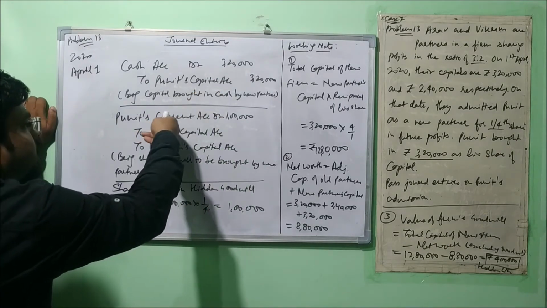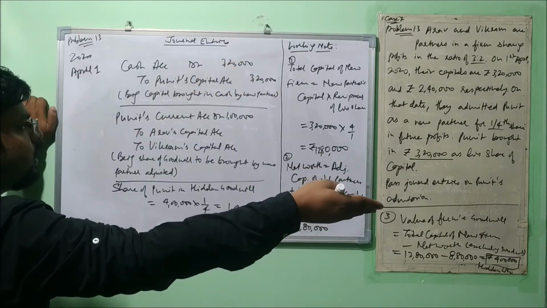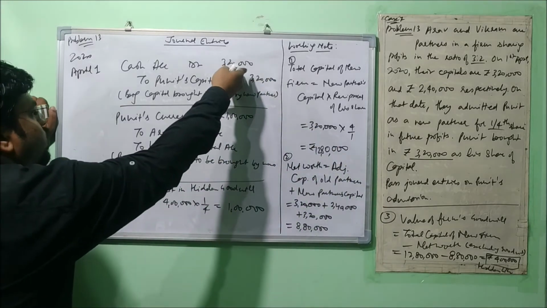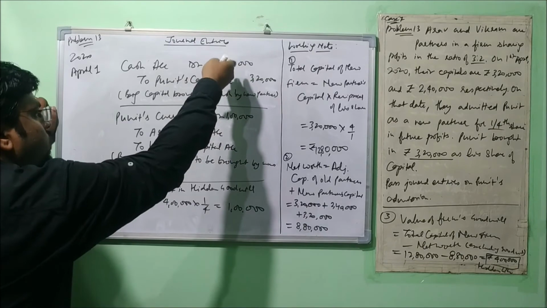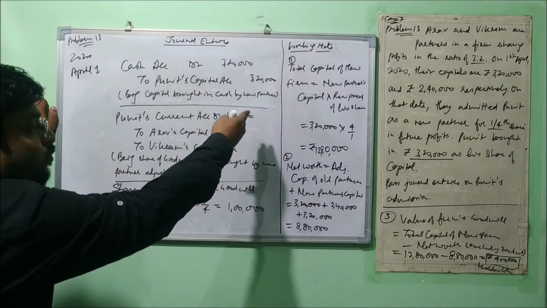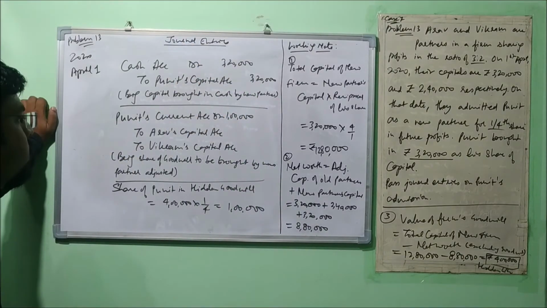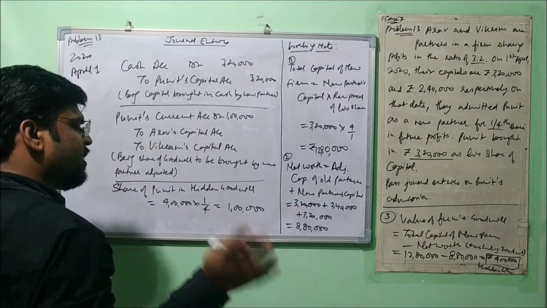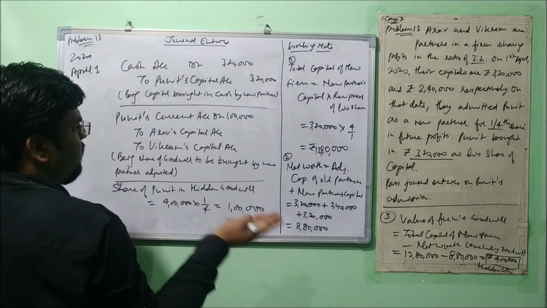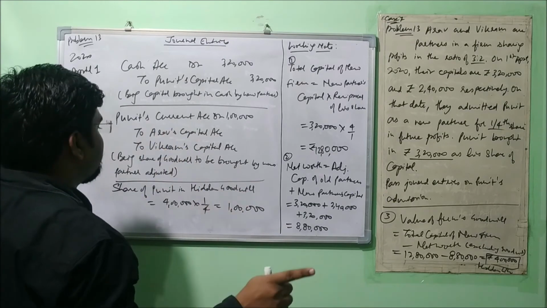If we debit capital, then he will get the benefit. He need not bring 3,20,000 plus 1 lakh; he will bring only 2,20,000, because 1 lakh will be adjusted in the name of goodwill. So that is why it is specifically mentioned as the current account. You can use the capital account as well, but the current account is appropriate, as I told you.